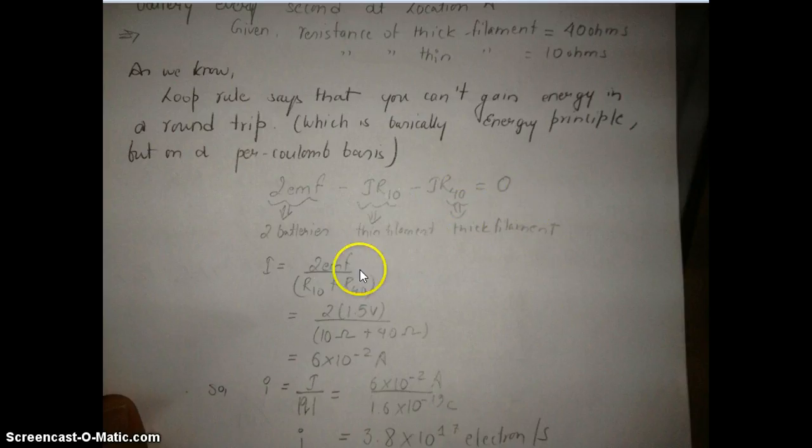So now solving for I, which equals 2 EMF divided by (R10 plus R40), and substituting the values given, it comes out to be 6 × 10^-2 ampere.